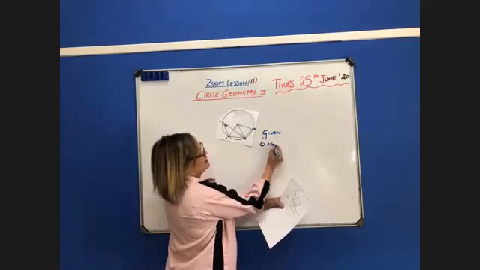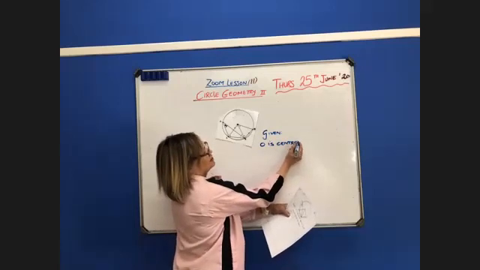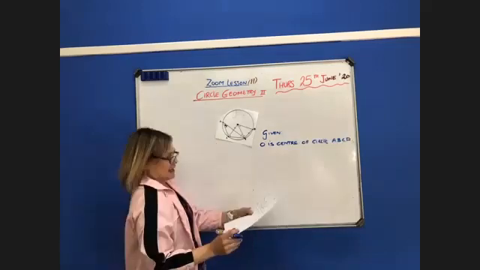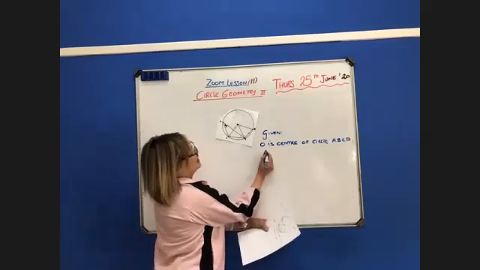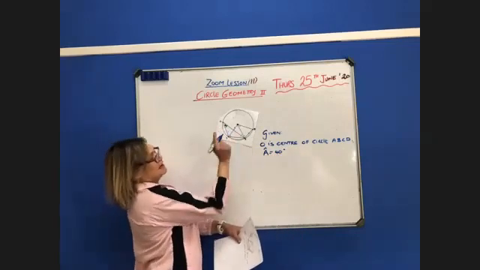O is center. A is on the circumference. And angle A equals 40 degrees.